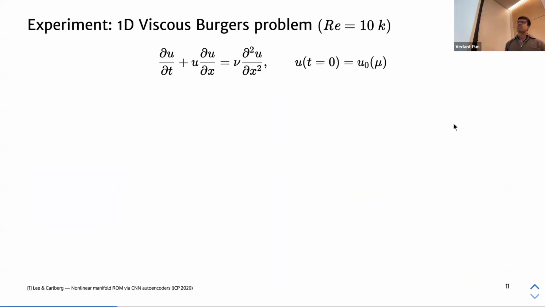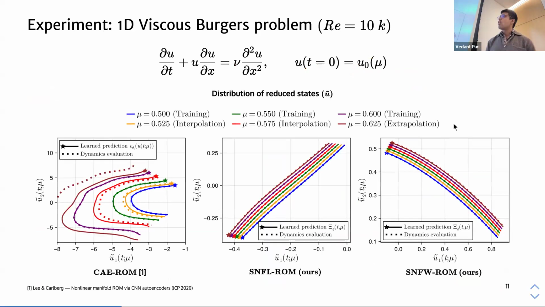Awesome. So let's look at some results with this method. First, we'll look at the 1D Burgers' equation at a Reynolds number of 10,000. And over here in the results, you can see the latent trajectories learned by the convolutional autoencoder proposed by Lee and Carlberg, 2020, on the left-hand side, and the latent trajectories learned by our method in the center and on the right.